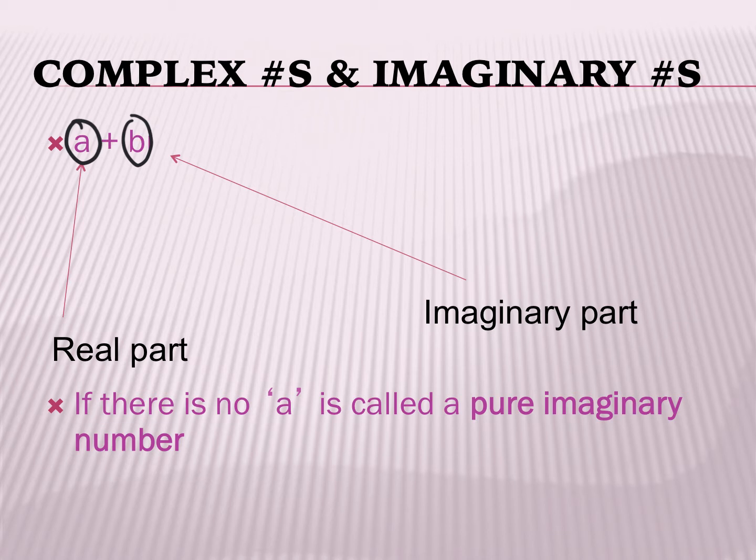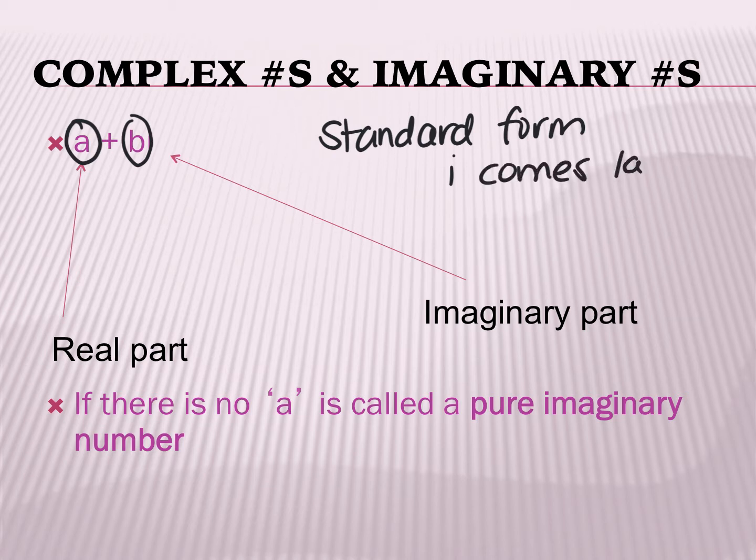If it tells you to put it in standard form, it means to put the term with the i last. So if I had 2 plus 3i, that's standard form. The a is 2, the 3 is the b. Again, the b is the number in front of the i. It does not include the i.